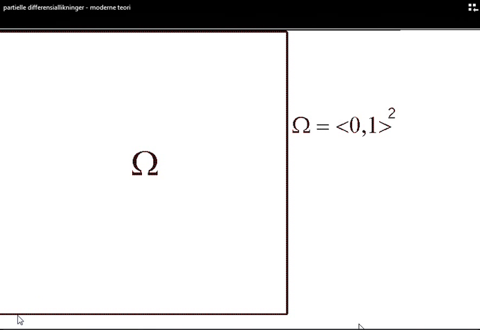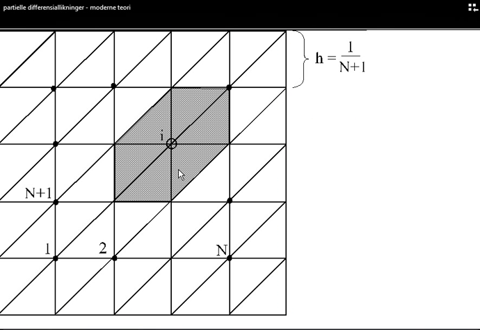This Omega is now divided into triangles. And let's show how this can be done. We are dividing it like this, and we have several node points, capital N node points in the x direction, and also in the y direction.